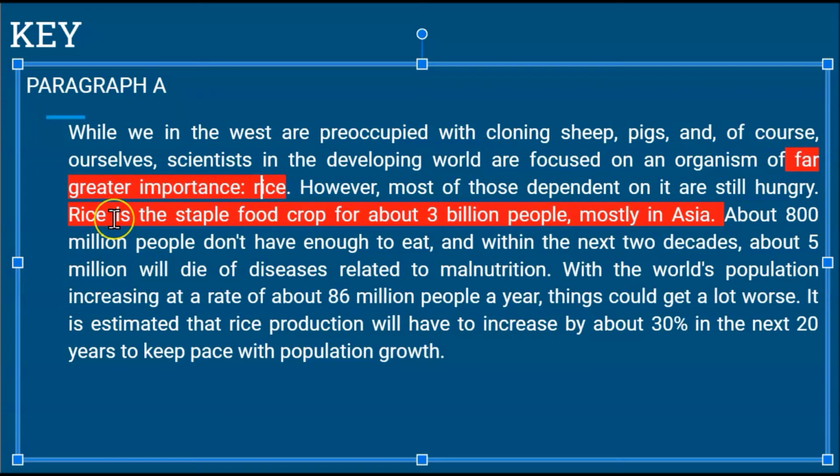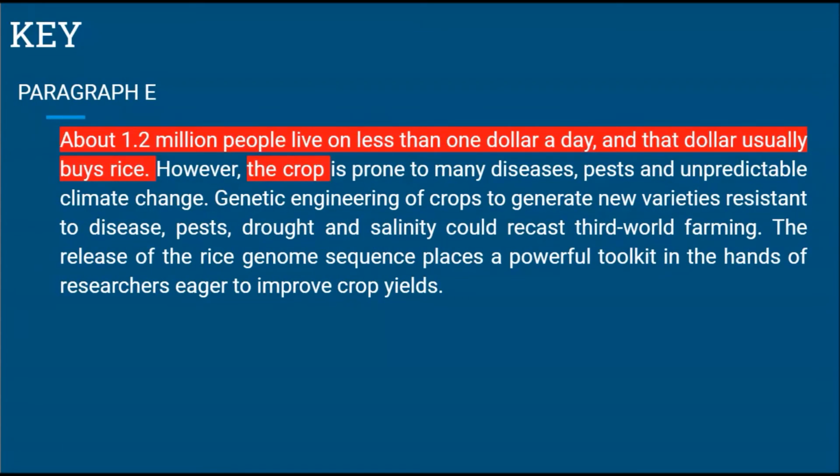As you can see, paragraph A starts with the importance of rice, and it continues with this statement where it says rice is the staple food, a very important food crop for about 3 billion people, mostly in Asia. And in the last paragraph, paragraph E, it says about 1.2 million people live on less than $1 a day, and that dollar usually buys rice. So these people heavily depend on rice.